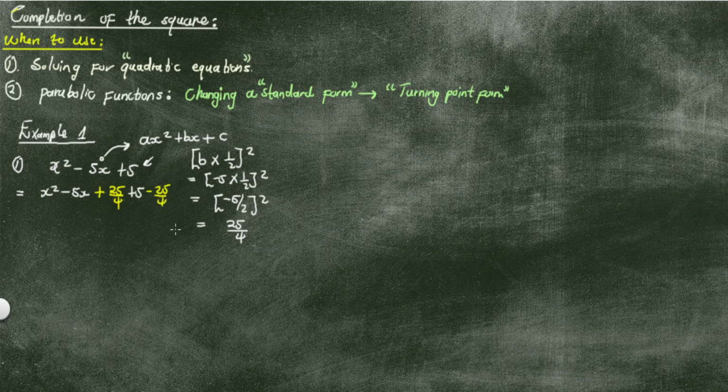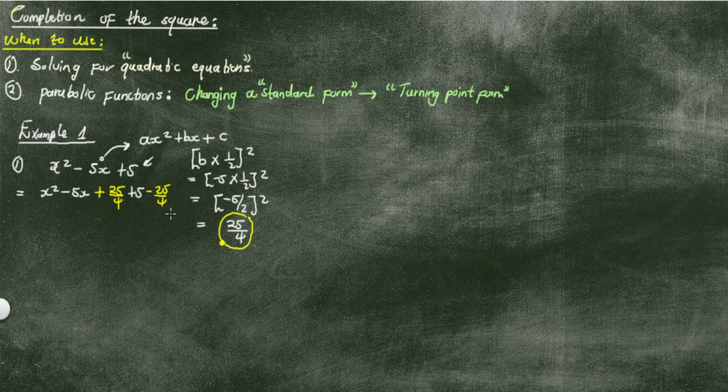So what you are doing, after taking the b times a half and then we square, whatever value you get, you're going to add it to the variables, right? The x squared minus 5x, you add it there, and then you subtract the same value from this constant. So what I did, I took this, I added it here, and then I took the same value and subtracted it from the 5. All right, so this is all you have to do.